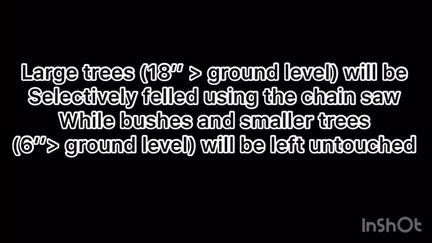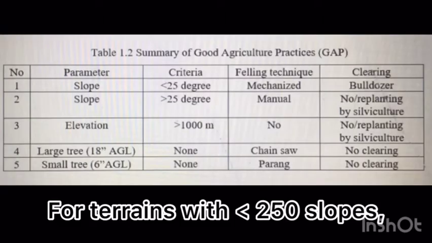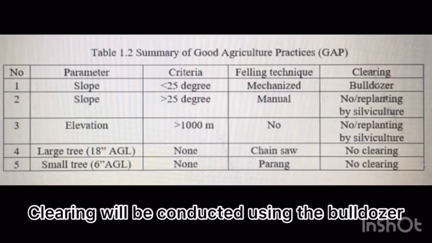Large trees above a certain girth at ground level will be selectively felled using chainsaws, while bushes and smaller trees will be left untouched. Control measures for the selective logging will be implemented following the Department of Forestry guidelines. For terrains with less than 25 degree slopes, clearing will be conducted using bulldozers.